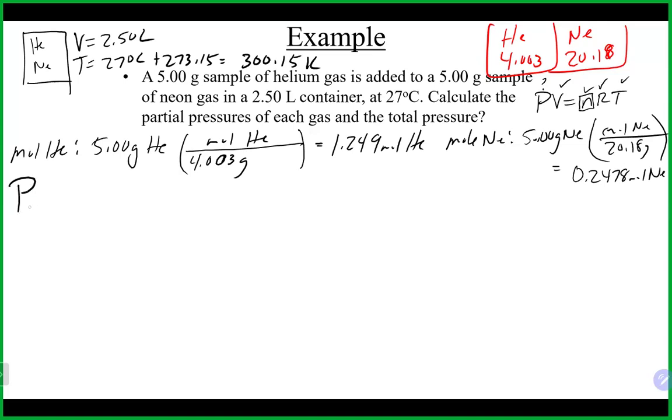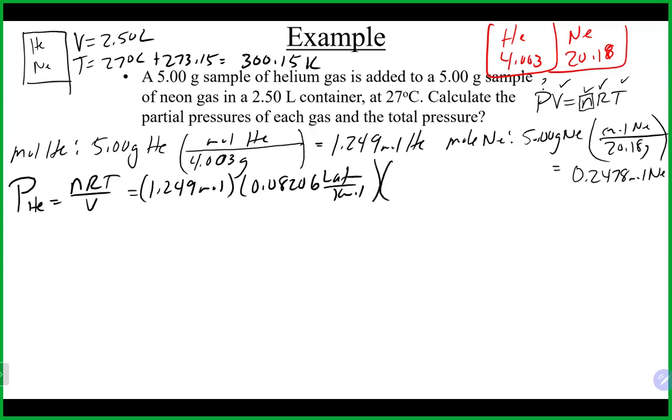So the pressure of helium will equal nRT divided by V. Putting in our moles of helium, 1.249, our gas constant, which is a constant value, 0.08206, our temperature, 300.15 Kelvin, all divided by our volume, which is 2.5 liters in this case.